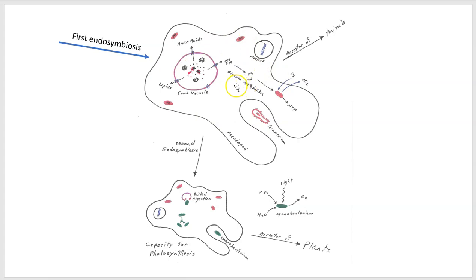It was a mutually advantageous scenario. Some of these predatory cells are going to then go on to evolve into multi-celled animals, but some of them went through a second endosymbiosis event. They incorporated a photosynthetic bacterium, and this single-celled organism with the capacity for photosynthesis would have been the ancestors of multi-celled plants.